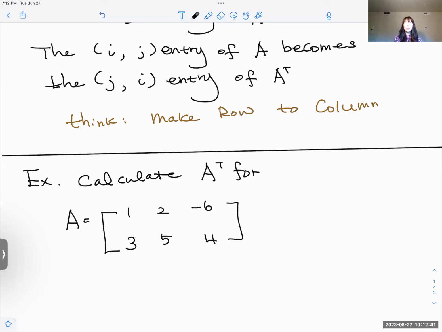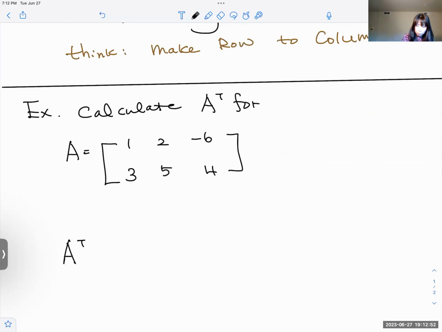We change it from row to column, so this one will be a column: 1, 2, -6, and 3, 5, 4 as the second row.